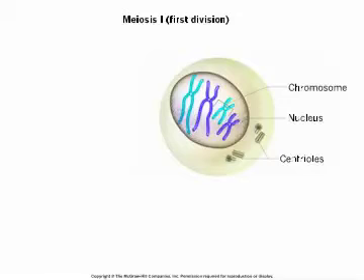So what you can see is in meiosis I, the chromosomes have all duplicated, and you can tell that because you've got two strands. Kind of looks like an X, and then in the center of each one of those four DNA molecules is the centromere that holds the sister chromatids together.